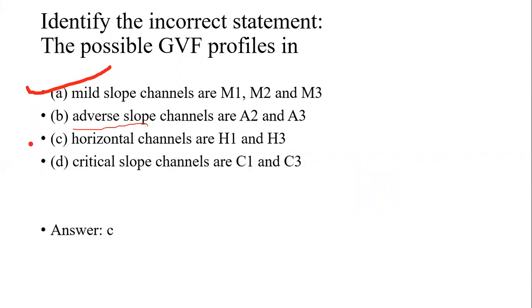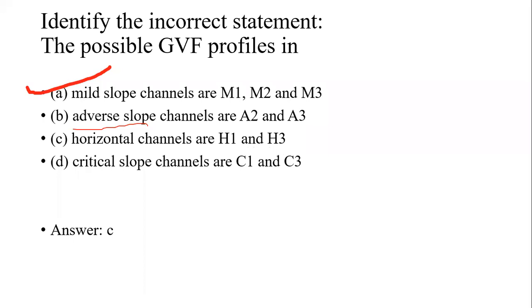So the correct answer is answer C. That is, in horizontal channels H1 and H3 we have marked. The statement is in horizontal channels the flow profiles are H1 and H3, but for a horizontal channel region 1 doesn't exist because the yn, that is normal depth, is at infinite distance. We can't predict that.